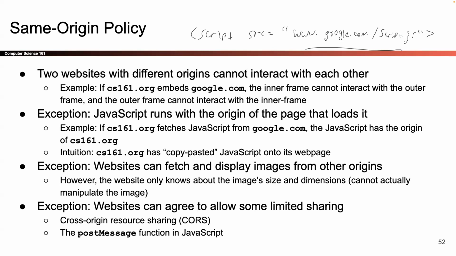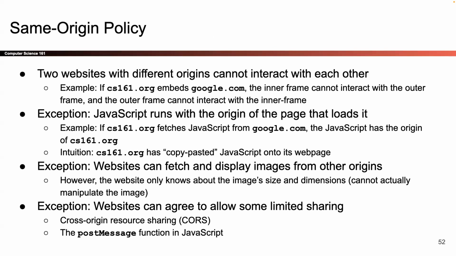You'd say no, because my origin is 161.org, their origin is google.com, and these cannot interact. But for JavaScript that's fetched from an external origin, we do allow it. That JavaScript gets copy pasted onto our website, and it now has the origin of CS161.org. So that is one of the allowed exceptions: fetching JavaScript from external resources.